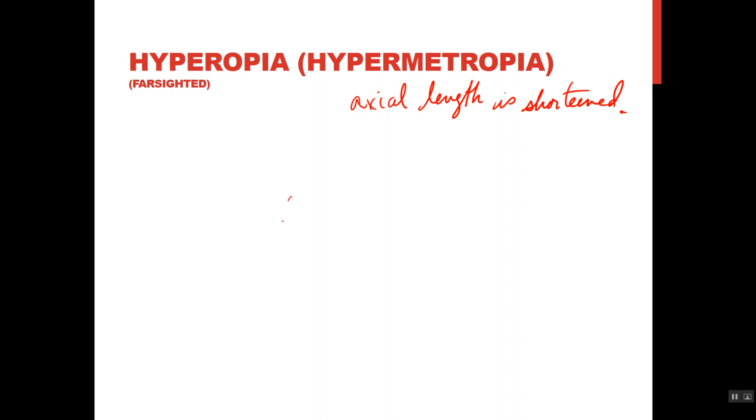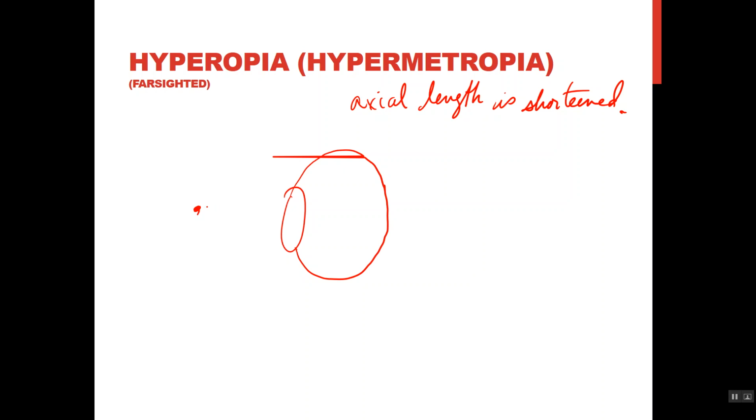So again, I'm going to draw an eyeball. I have my object there. Or actually, I'm just going to put a dot to make this simpler. My object is really close to my eye because I'm looking at something close, and it's those close things that I can't see properly.